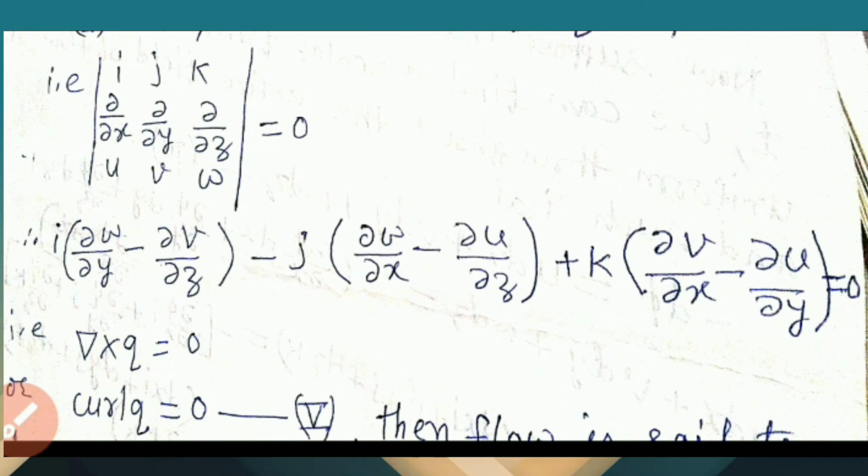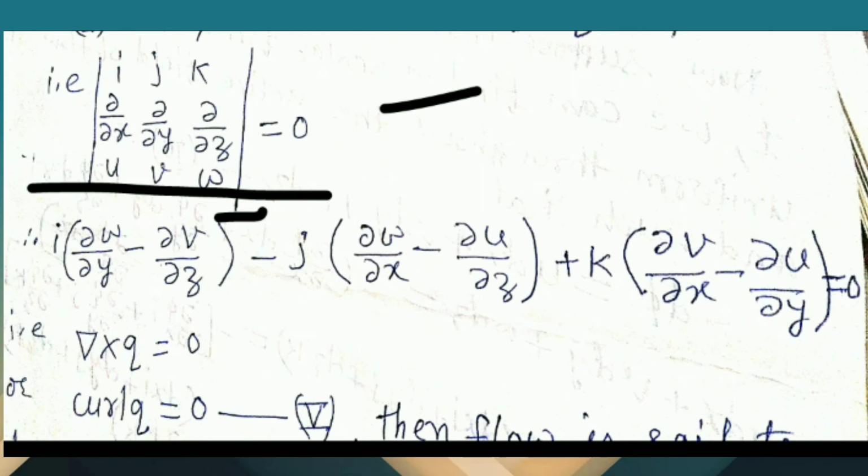That means del cross q is equal to 0. That is, del cross q in the determinant ijk, dou by dou x, dou by dou y, dou by dou z, u v w, is equal to 0. If we solve this determinant, what do we get?